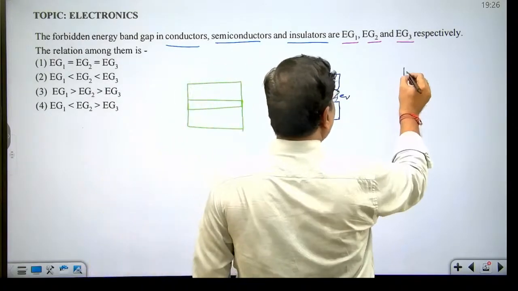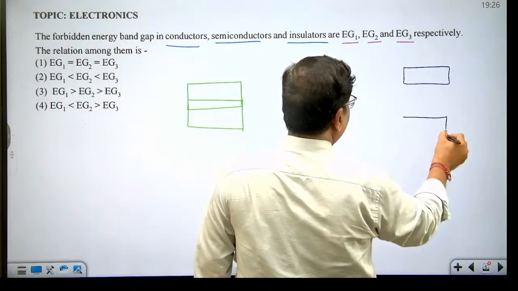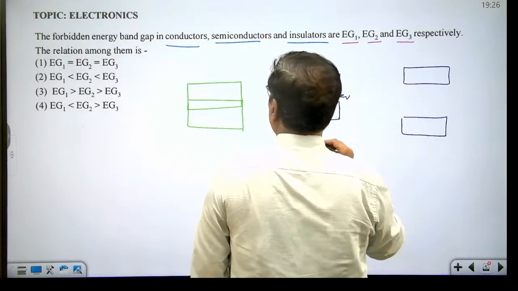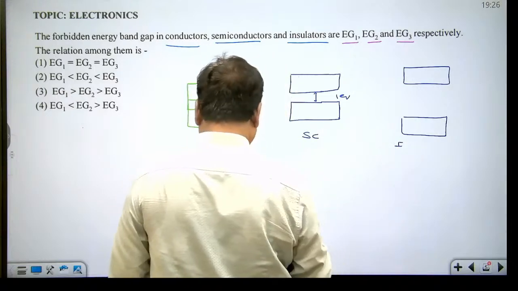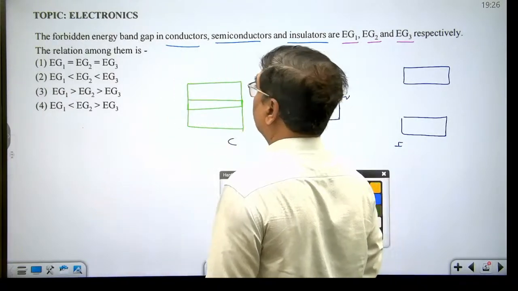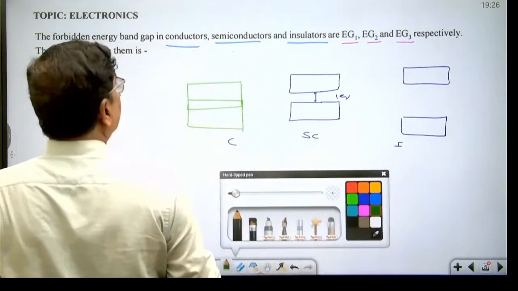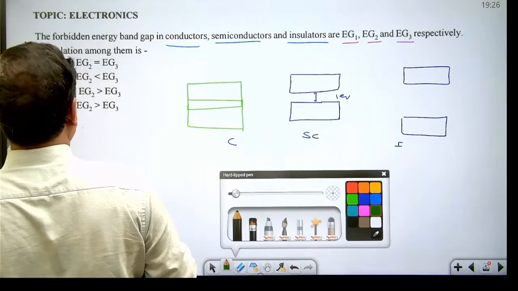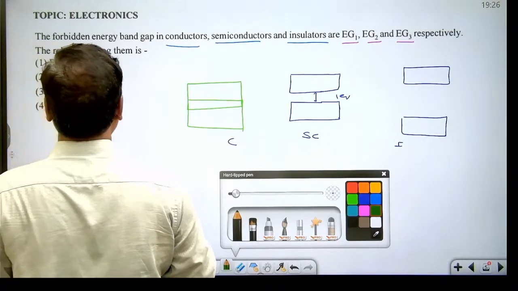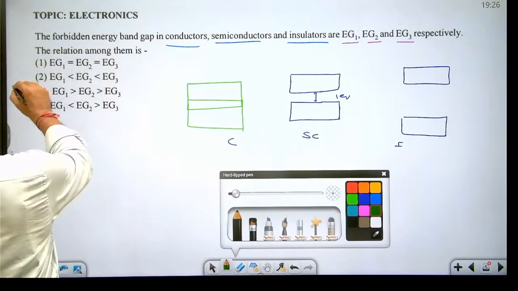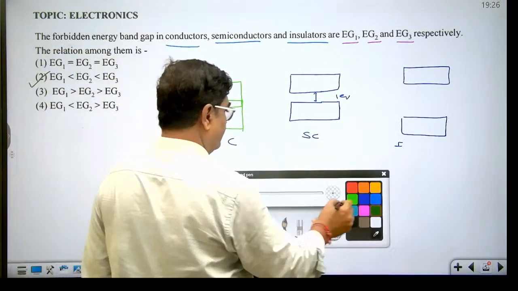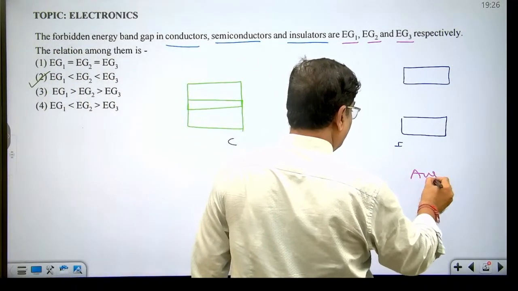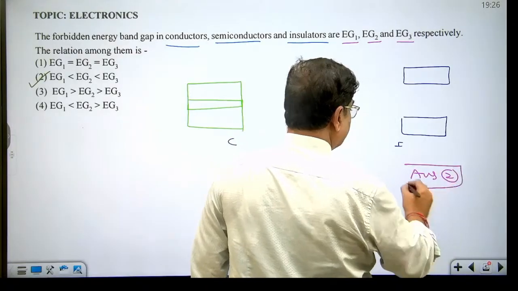And in case of insulators, this is more than 6 electron volt. This is conductor, this is semiconductor, and this is insulator. So Eg3 is greater than Eg2, is greater than Eg1. Out of 4 choices, the correct choice is option 2.